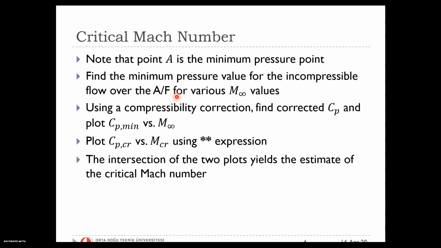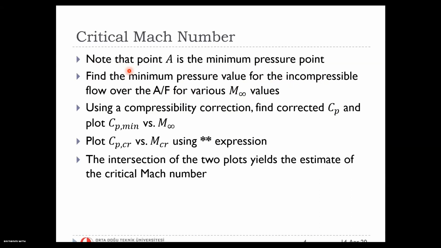At the minimum pressure location, you may use a theoretical, empirical or experimental approach in order to calculate the pressure coefficient at the minimum pressure location for an incompressible flow. Now for very low speeds, we have some pressure coefficients over the airfoil. Of course, we can only assume that flow is incompressible up to some Mach number, specifically 0.3. But above that, we need to take into account the compressibility effects.